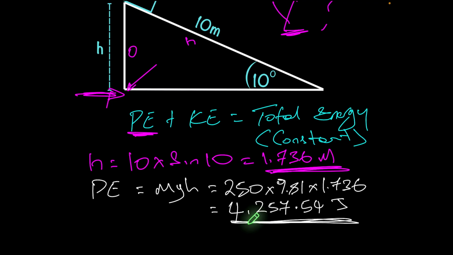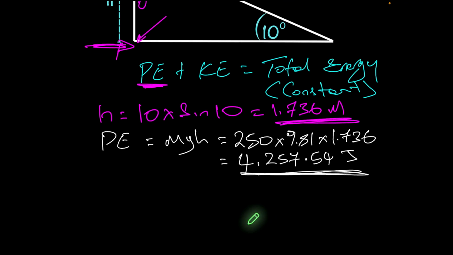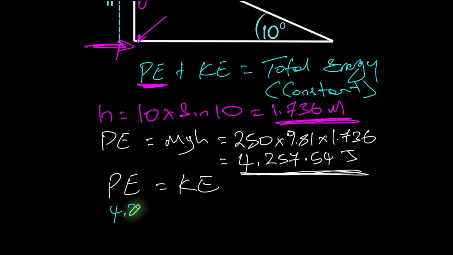Now let's evaluate what our final velocity is going to be. Based on what we just talked about, the potential energy translates into kinetic energy as it falls. Our maximum value for potential energy that we just got, 4,257.54, will be equal to our kinetic energy just before it hits the ground.